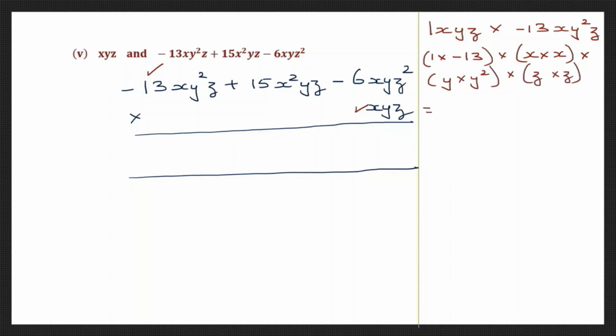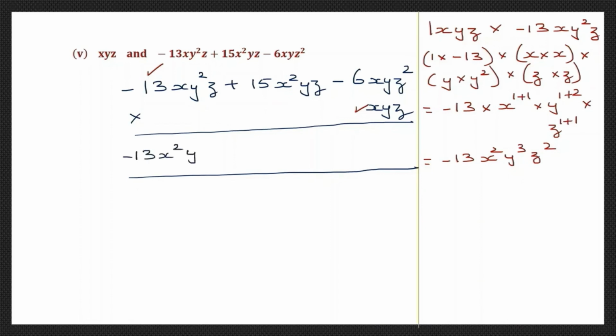Okay, so that becomes 1 into 13 is 13 and we have minus 13 into x to the power of 1 plus 1 into y to the power of 1 plus 2 into z to the power of 1 plus 1. So that becomes minus 13 x square y to the power of 3 and z to the power of 2. So let's write that down. Minus 13 x square y cube z square.